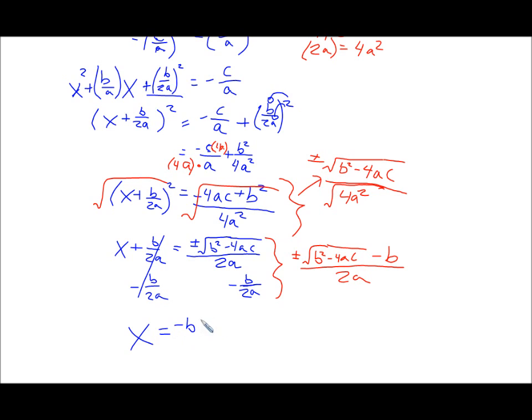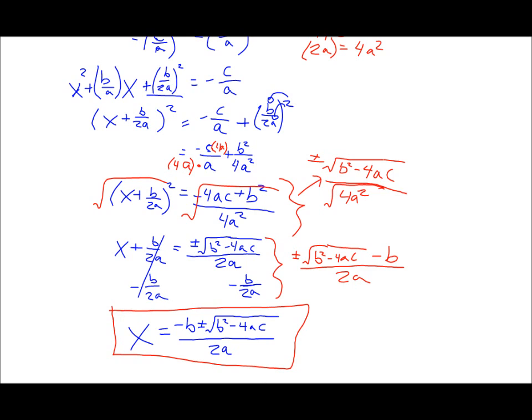Negative b, and then everything else follows. Remember to look at the signs before terms. So if this is positive or negative, or we can say plus or minus, b squared minus 4ac over 2a. Final result is the quadratic formula.